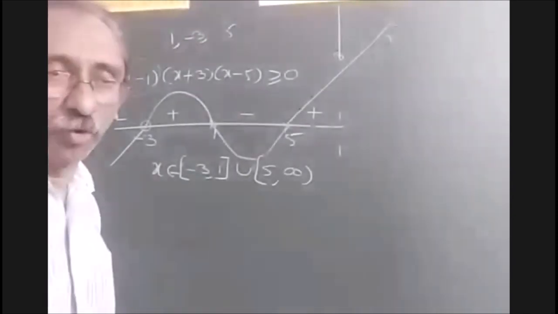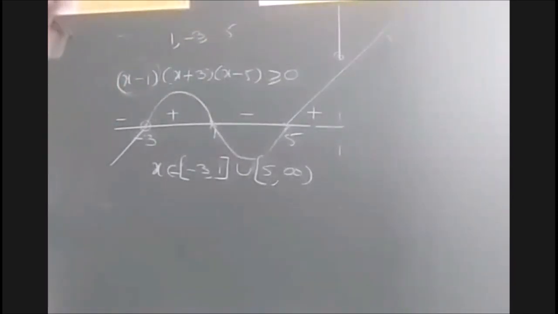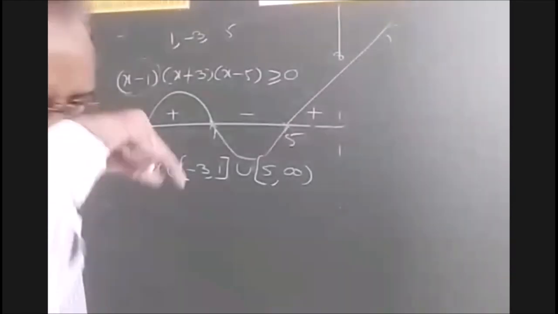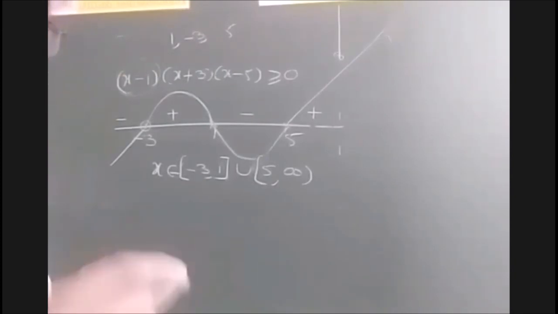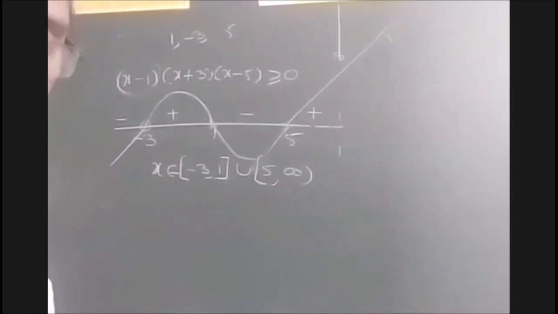If the x square coefficient is negative, then definitely the inequality changes. If you multiply with a negative number, the inequality changes. If you multiply with a positive number, the inequality remains the same. Okay? Okay, sir.